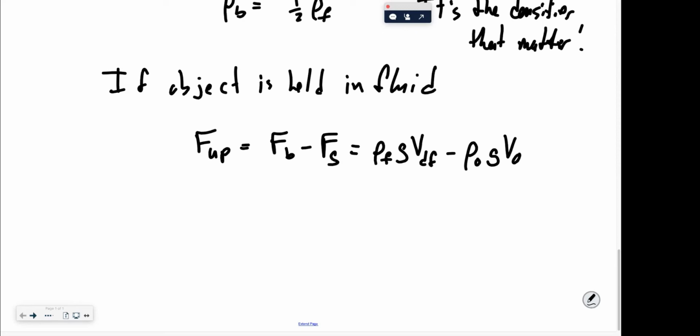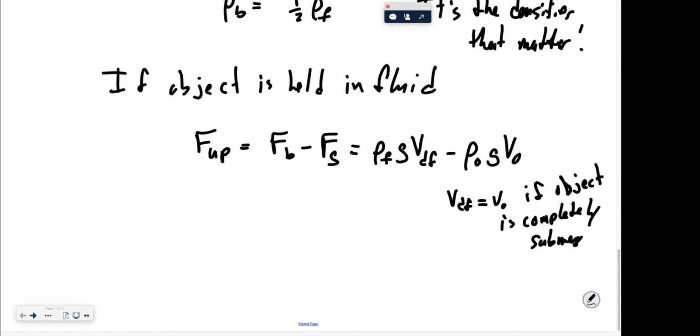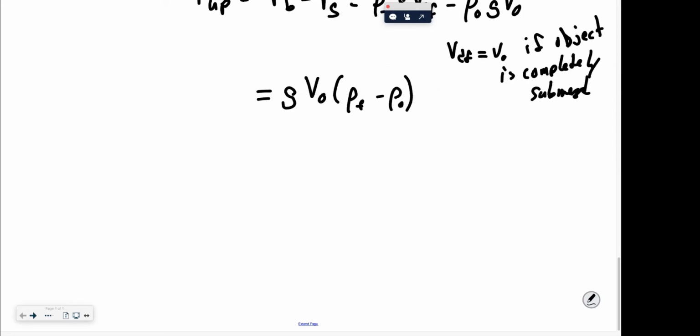If the entire object is now submerged, then the volume of displaced fluid is equal to the volume of the object. So this becomes g times the volume of the object times the difference in the densities: density of fluid minus the density of the object. So we got to the same thing.